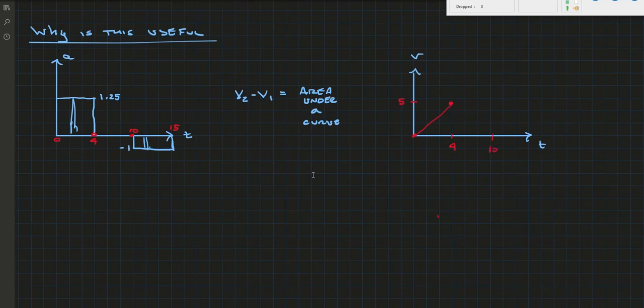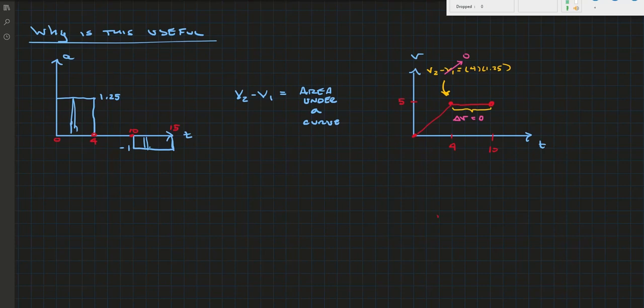Let's go to 10. So this remains constant. So this first point, v2 minus v1, equals 4 times 1.25, like we said, with that equal to 0. The second region, we have our delta v, the total, equals 0. So our change in v equals 0.